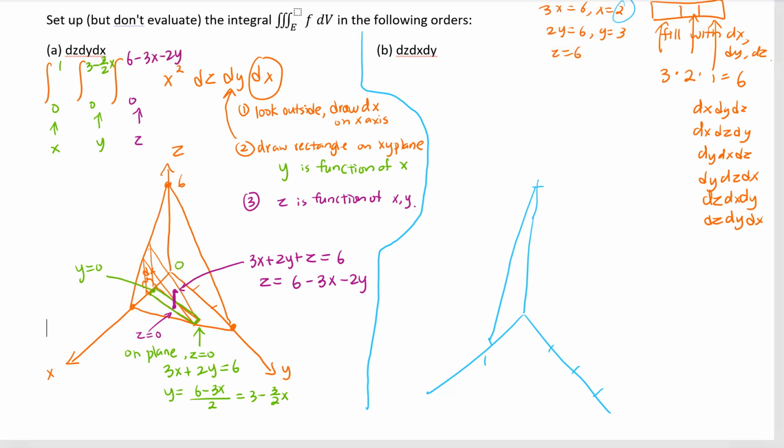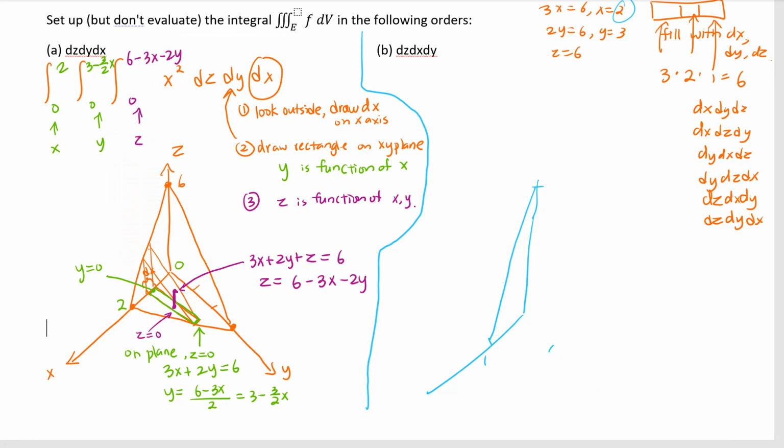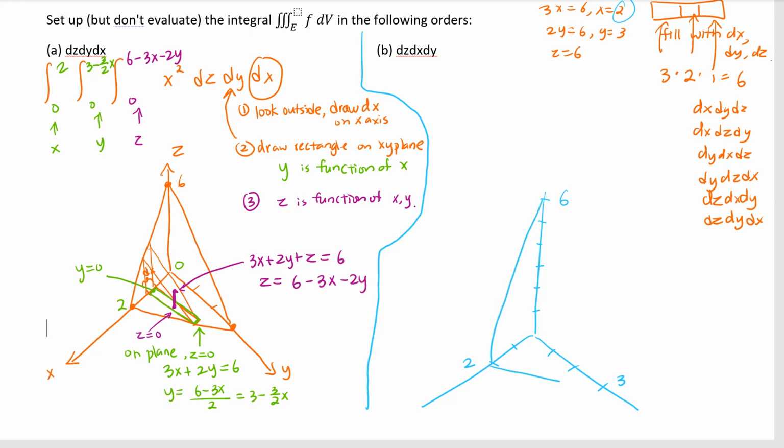This is 2, so x goes from 0 to 2, and everything else stays the same. Let me make this graph better. That's why sometimes it's better to put the scale there. Otherwise we forget what those numbers are.